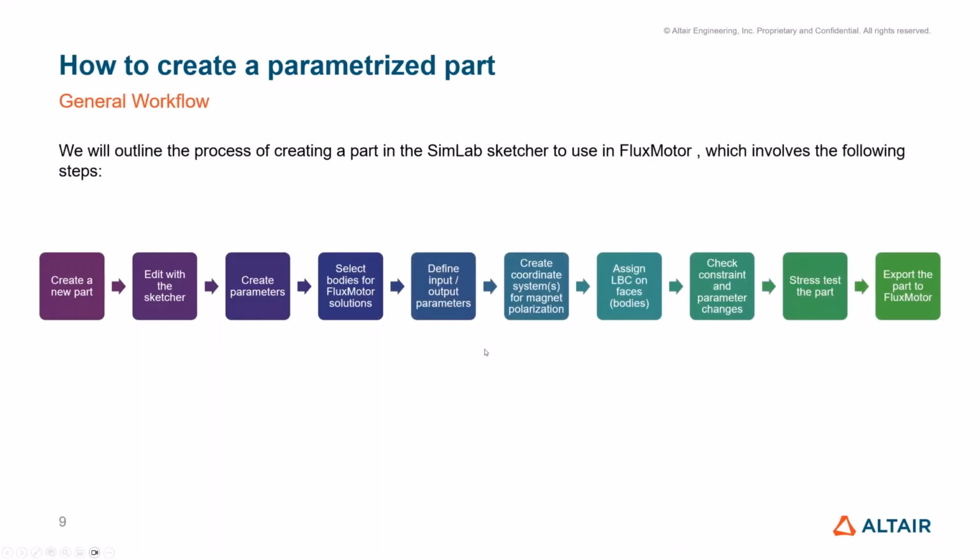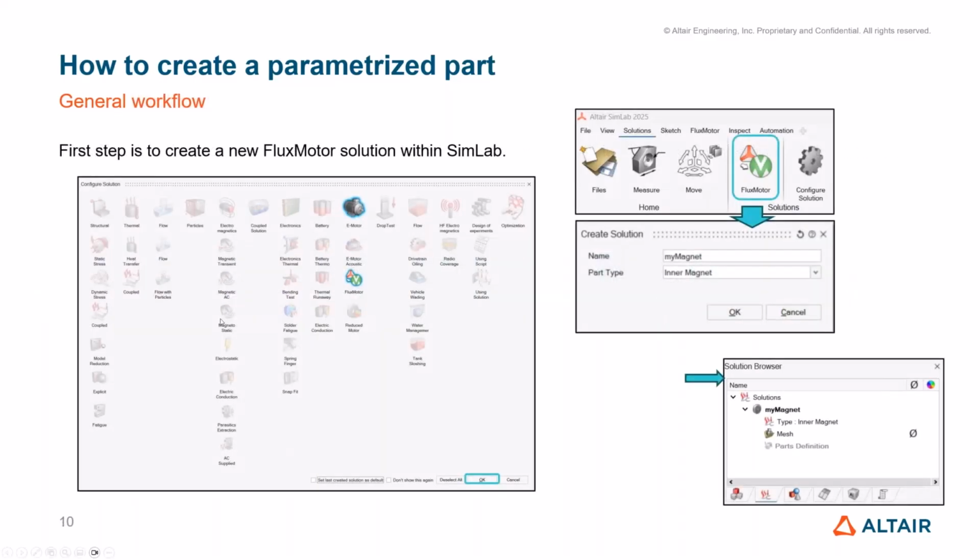So let's have a look at the process and the limitations and constraints. This is the general workflow. We have different steps, but the first one is to create the FluxMotor solution within SimLab. You have to choose the FluxMotor solution and create the solution. The new solution will appear in the solution browser.